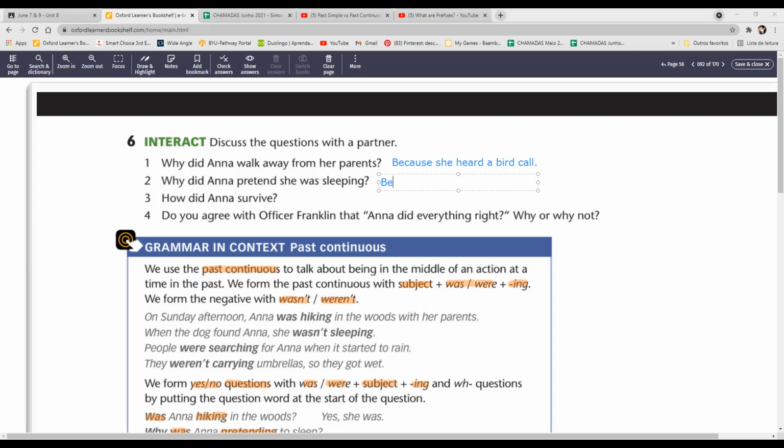Because she was afraid the dog was a wild animal. Yes, very good. That's the problem. When the dog arrived, she thought maybe it was a bear. So she was afraid the dog was a wild animal.